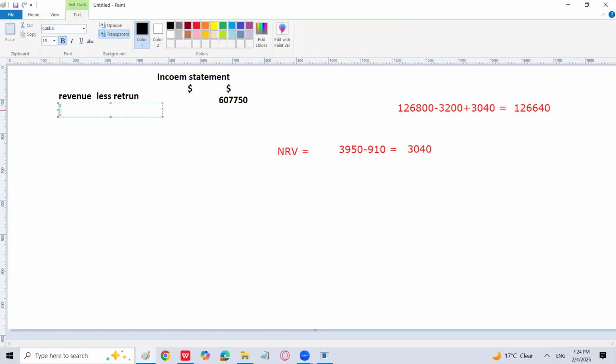You can write like this also: less cost of sales. Now, instead of preparing the proper set of cost of sales, like writing opening inventory first, add purchases, then add carriage inward, less purchase return, less closing inventory, I will not do that. I will go for the working of this. There is a problem. Why? I will tell you.